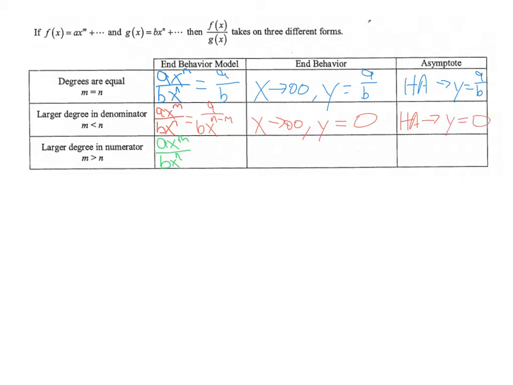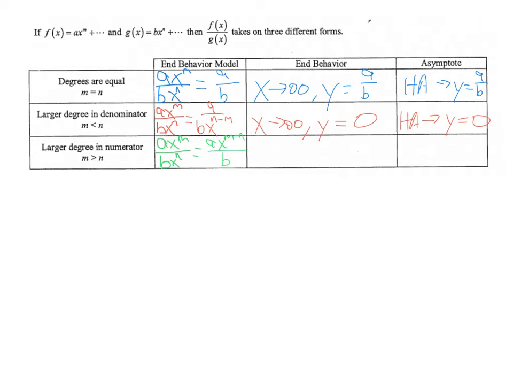That's going to be y equals 0. Okay, and then our last case, when m is bigger, so now the larger degree is in the numerator, we're going to be left with an a in the top, and now we're going to have x's in the top. It's going to be m minus n in the top there, because m is bigger, and then just a b left over.